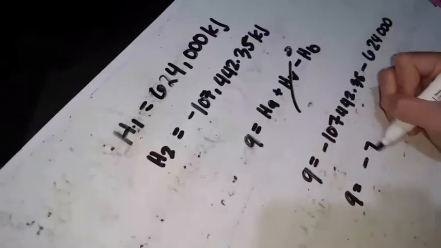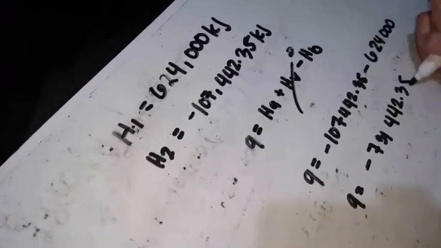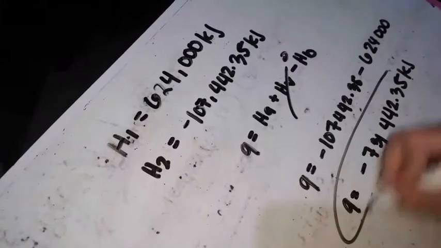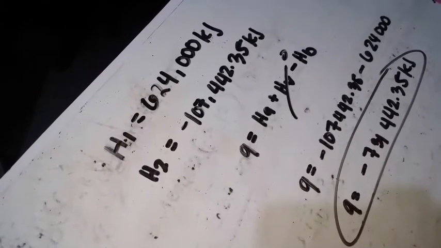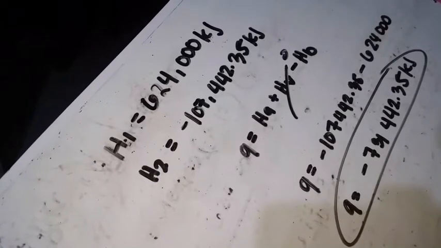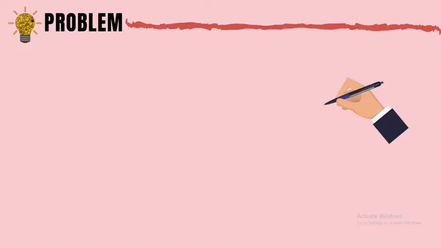So we have the value of negative 107,442.35 from H2. We deduct it with the H1. So we get the final answer of Q equals negative 731,442,000.35 kilojoules.